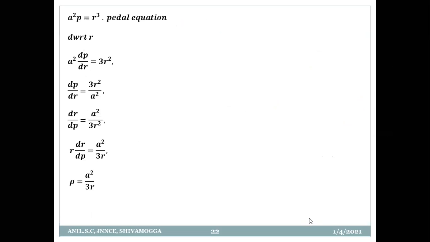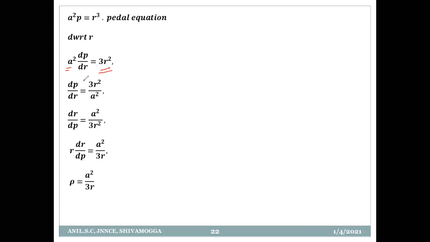Now differentiate both sides with respect to r. To find the radius of curvature, differentiate both sides with respect to r. Here a square is a constant. a square into derivative of p, which is dp by dr, is equal to the derivative of r cube, which is 3r square.